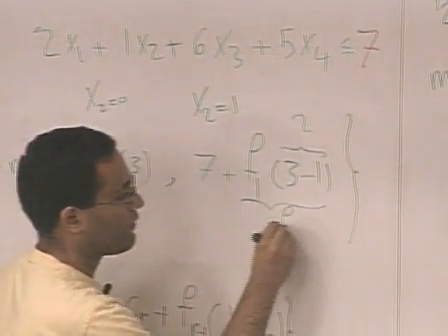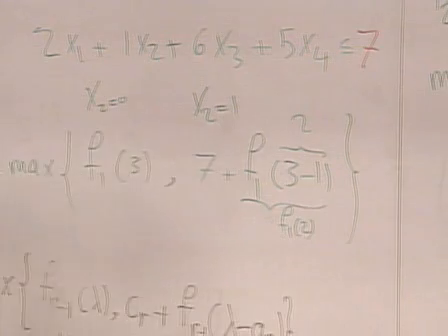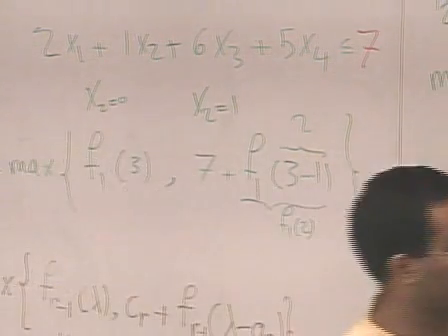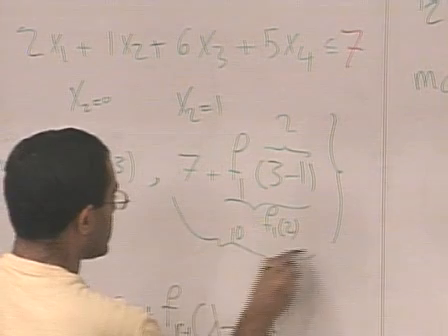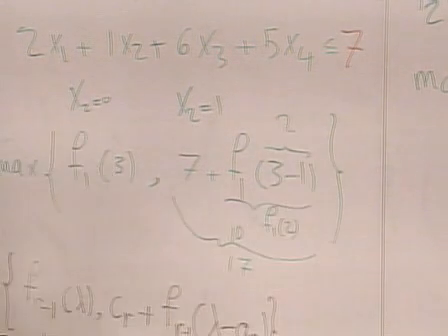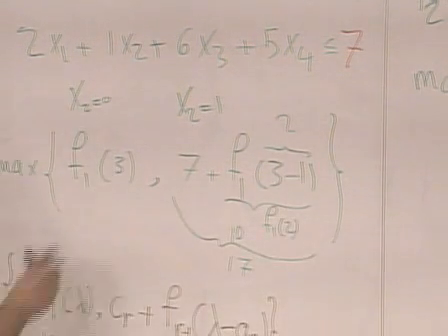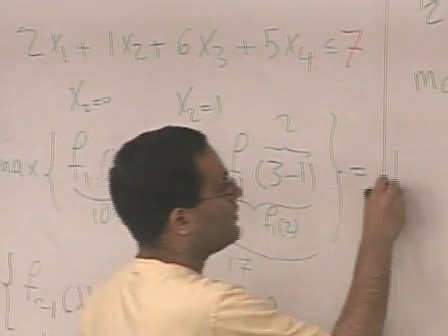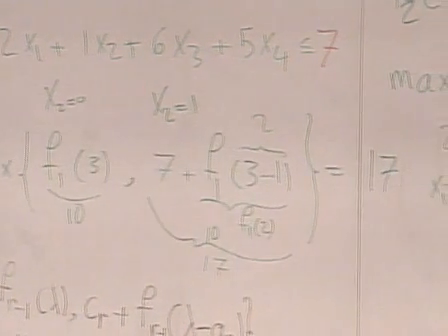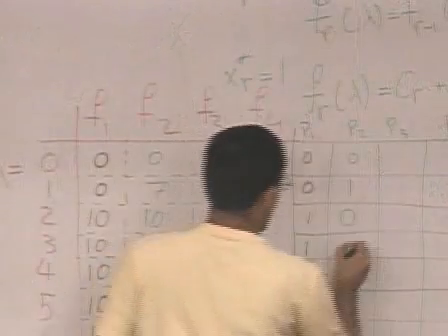So this is F1 of 2. Now, F1 of 2, you have calculated beforehand, it's 10. So this whole thing would be 17. F1 of 3 would be 10. So it's telling you, choose the item, and also you will go to the stage behind and also choose the other one too, because you have enough capacity to choose both of them. 17. And this is 17. And we chose the item.